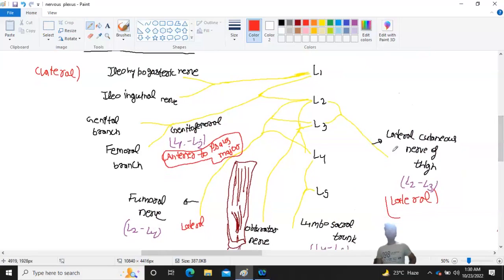Remember, we only discussed the lateral cutaneous nerve of thigh. There are two more, the medial and intermediate cutaneous nerves of thigh. These are direct and indirect branches of the genitofemoral nerve.